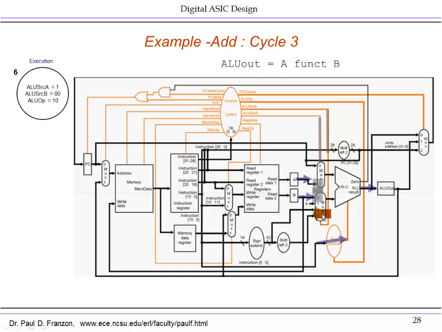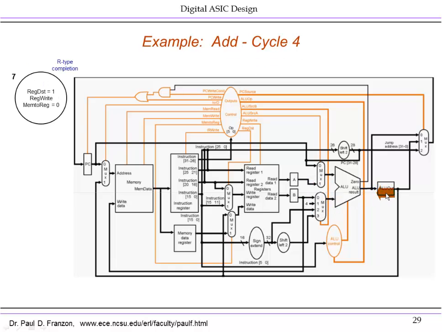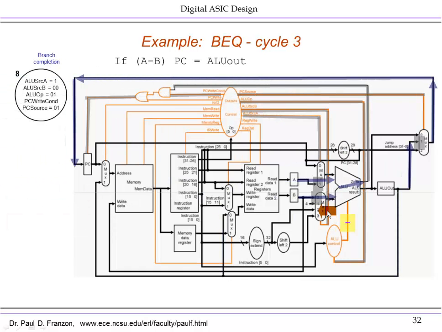Set these muxes appropriately, writes to ALU out. This state is doing write back to the register file from ALU out through this write data port here. The address for that is selected from the instruction register. This completes the branch equals. PC is overwritten if the 0 flag is high, based on A minus B.